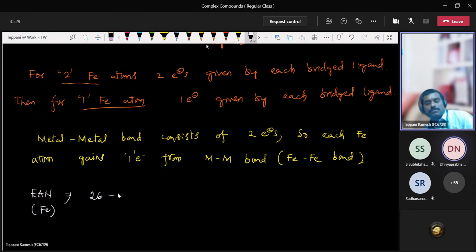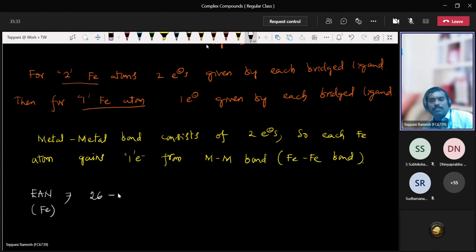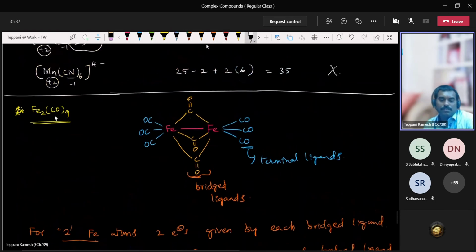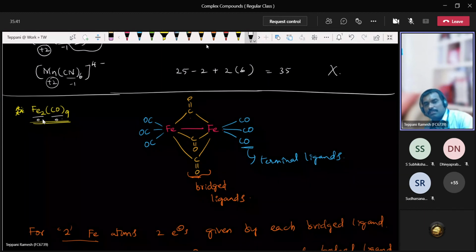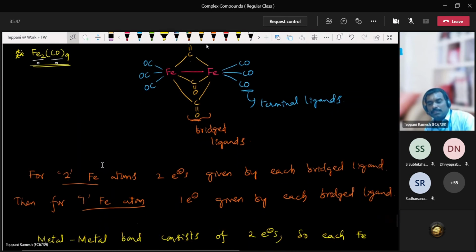So 2 electrons are gained. CO is a neutral ligand, so iron is 0, no? Are you confused? Here gaining means a coordinate covalent bond, sharing, not transferred.